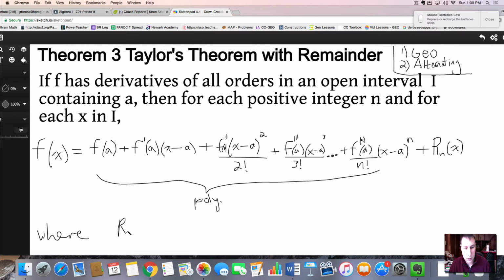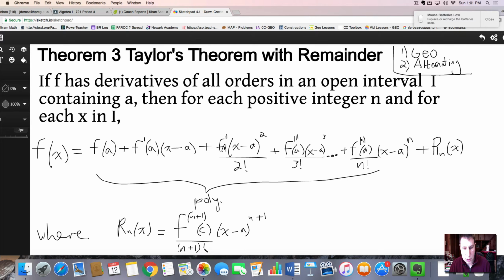Where Rn of x, we actually have a formula for it, must equal, and we're not going to prove this formula in this course, but you might prove something like this in higher level analysis courses. The remainder is equal to the n plus 1 term, the n plus 1 derivative evaluated not at a, but at some c, times x minus a to the n plus 1, over n plus 1 factorial.